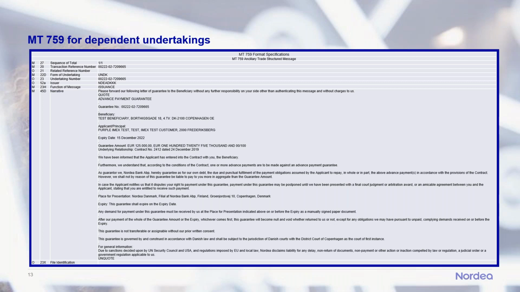You have the instructions at the top, you have the guarantee text between quote, unquote, and then additional information, if any, is outside of quote, unquote. To get the beneficiary details, guarantee number, expiry date, you actually have to go in and look at the text itself. So the same automation that is possible for the MT760 is not possible for accessory guarantees.